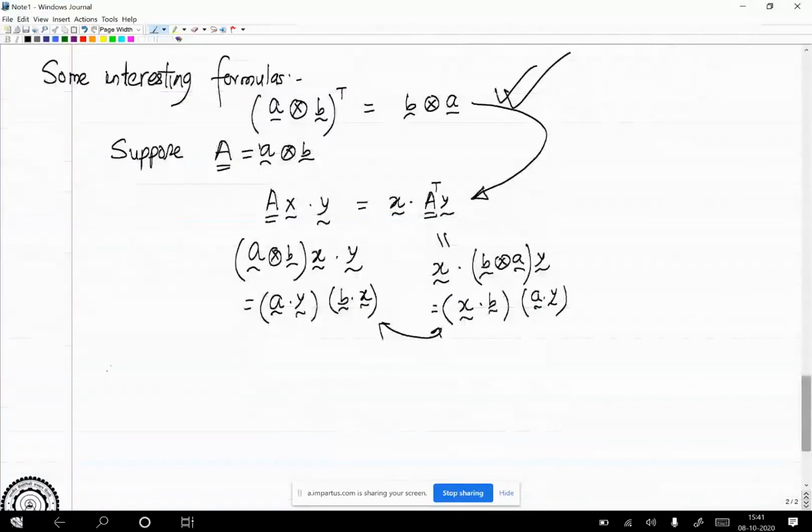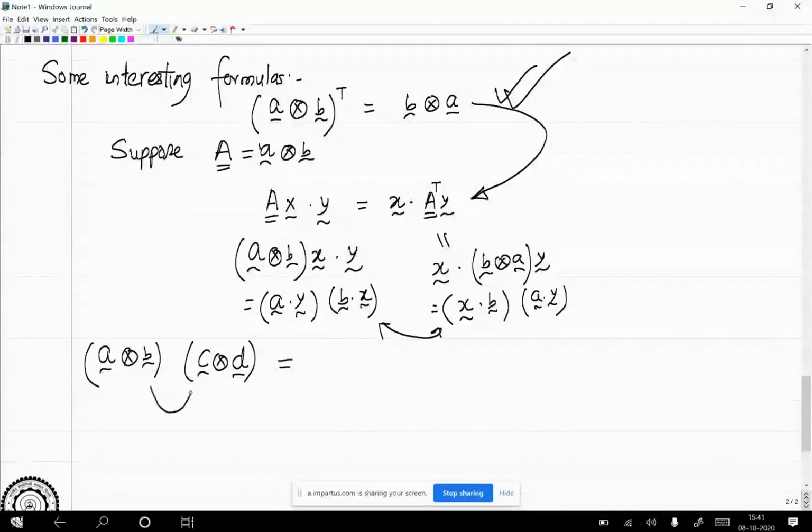Then the other thing is, when you have two tensors of this kind and they are just being multiplied together, then we define it. So this is now a definition. It is not to be proved. This is just a definition of how two tensors multiply together.